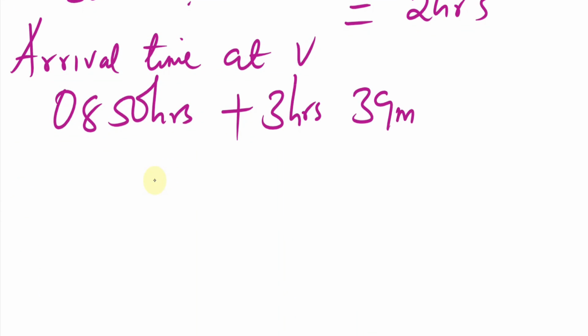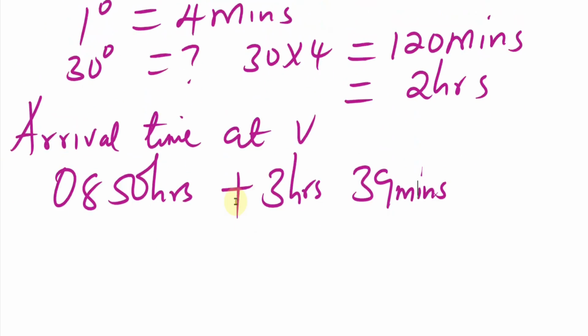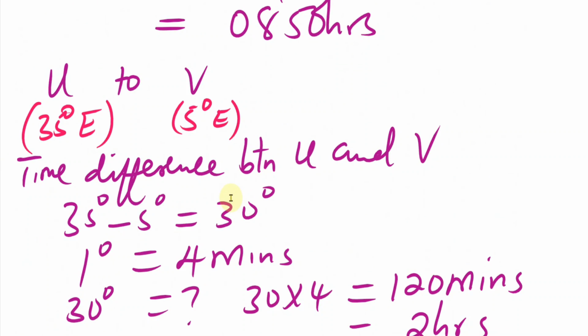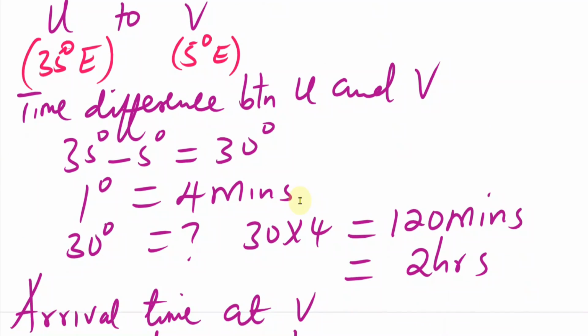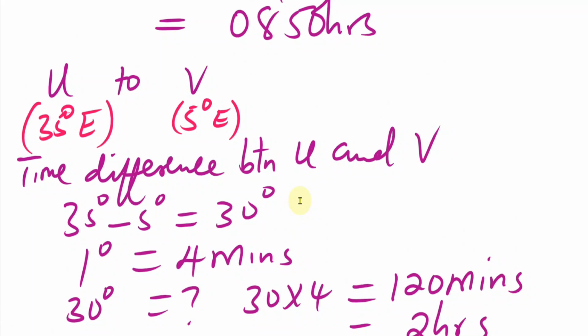Then note that V will be behind in time by 2 hours. When you look at U and V, the one to the east is U. So U is ahead by 2 hours, and therefore V is behind by 2 hours.